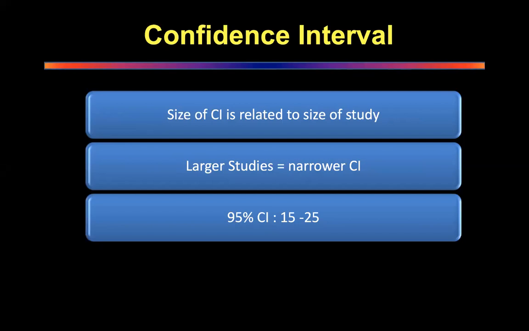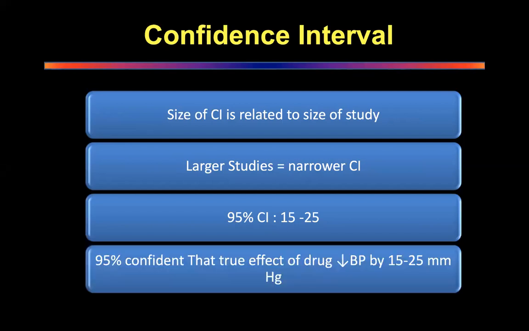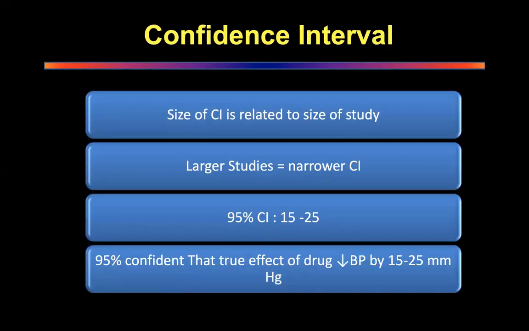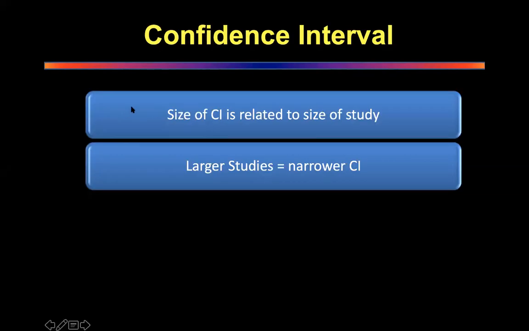Okay, the second and third line is by mistake. So this is the statement I want to make. The size of the confidence interval is related to the size of the study. The larger the study, the more the confidence interval can be narrowed. Does that make sense?